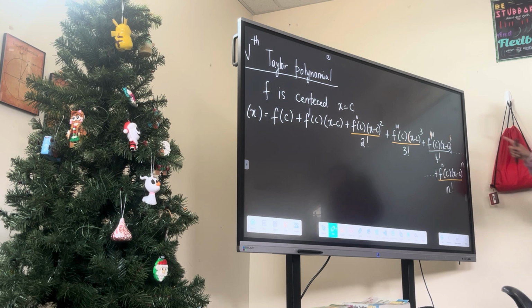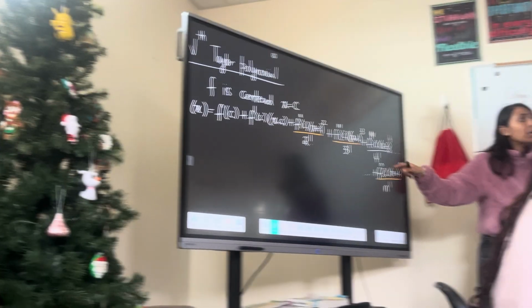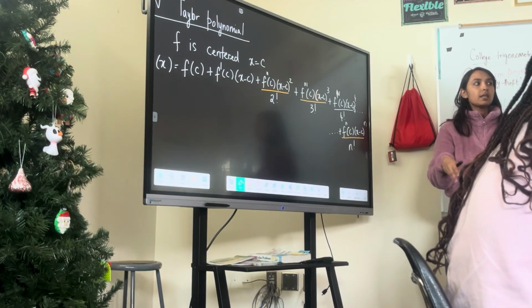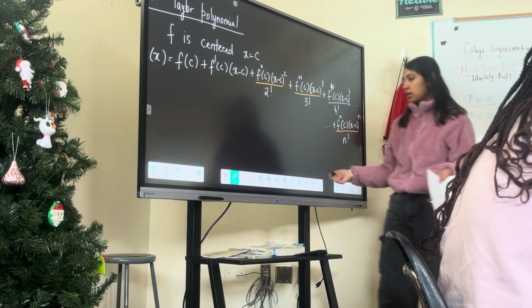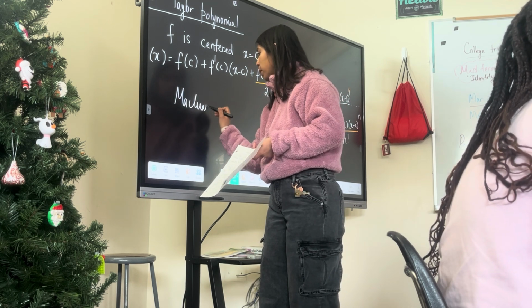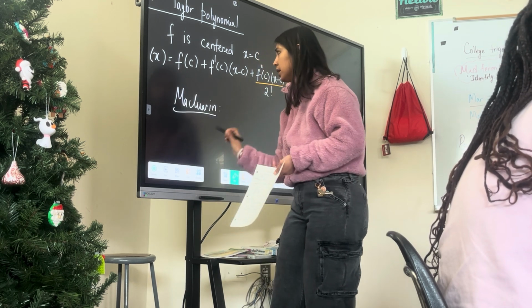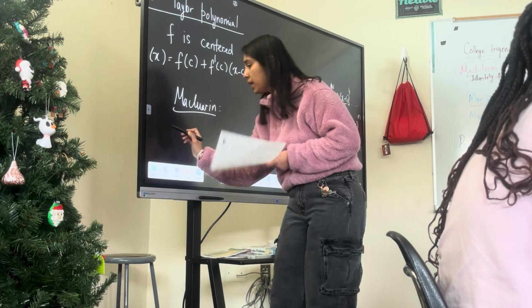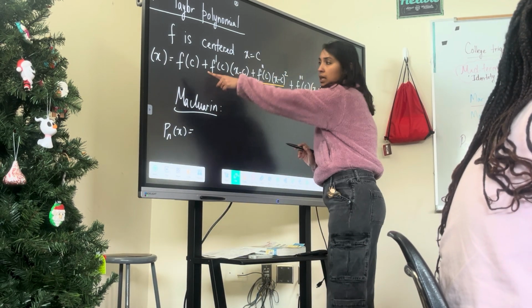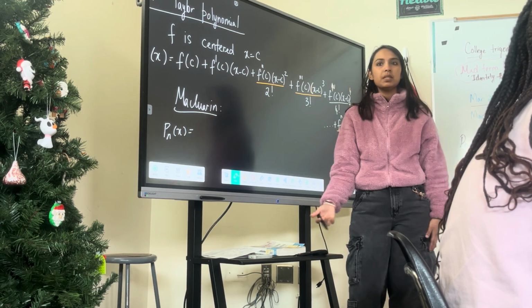The Maclaurin polynomial is a special type of Taylor polynomial, except the center is 0. So the Maclaurin series or the polynomial is going to look like this. Pn of x, instead of c, we know it's going to be 0.